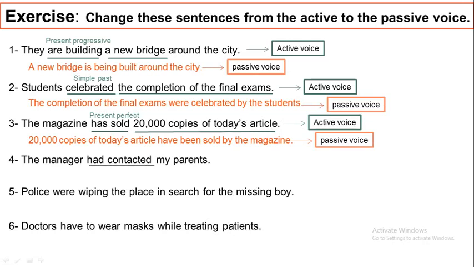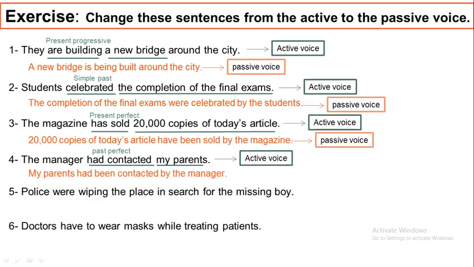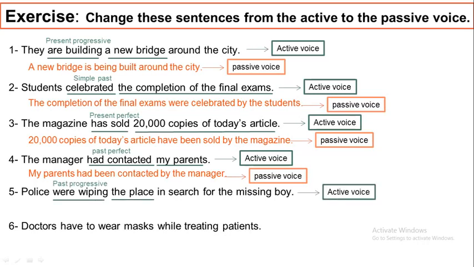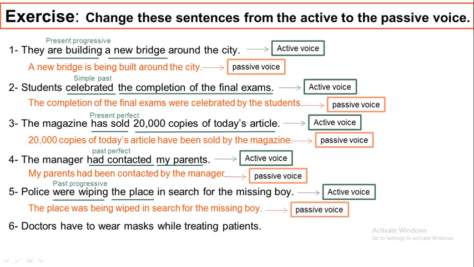Had contacted is the main verb in the past perfect and my parents is the receiver, and the sentence will be: my parents had been contacted by the manager. Number 5. Police were wiping the place in search for the missing boy. Were wiping is the main verb in the past progressive and the place is the receiver of the action. And the sentence will be: the place was being wiped in search for the missing boy.